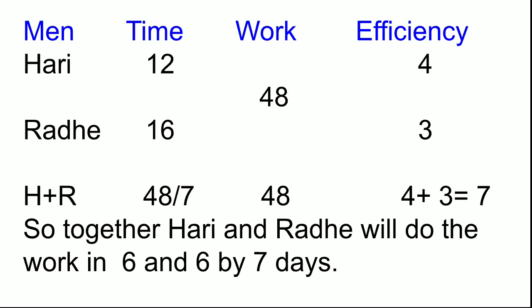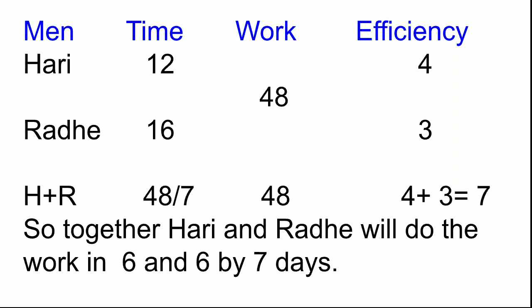And Hari is taking 25% less time than Radhe. So 25% means 1/4. And 1/4 of the time taken by Radhe, that is 16 days. So 16 into 1/4 means 4 days. So 16 minus 4 equal to 12 days is the time taken by Hari.